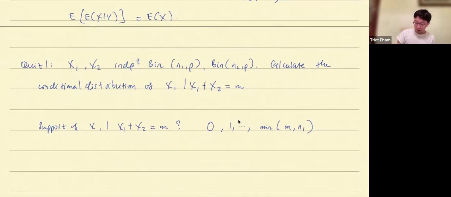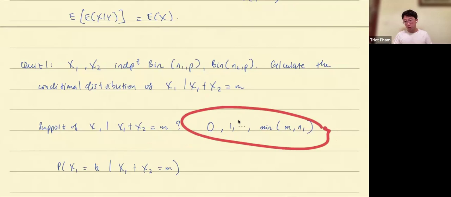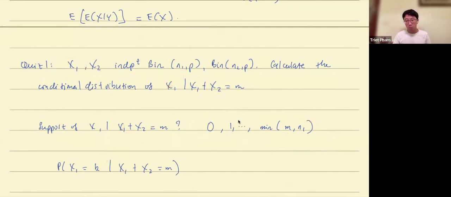The reason is when we write down, for example, k given this, that's what we're calculating, then we must keep in mind that k is among these values only. K cannot be beyond m because that's what the sum is. K cannot be beyond n1 because that's what x1 can be at most.